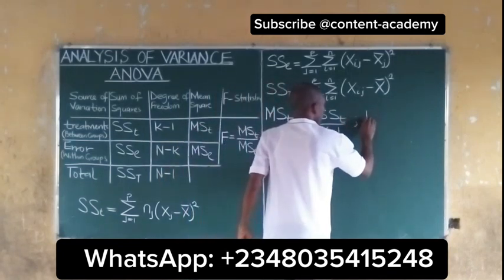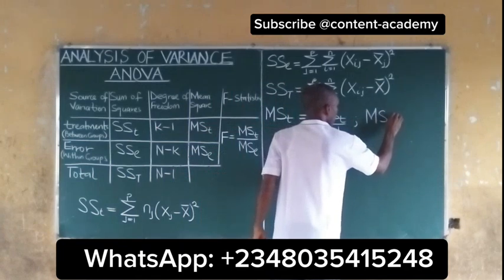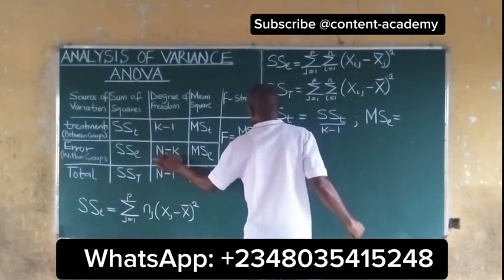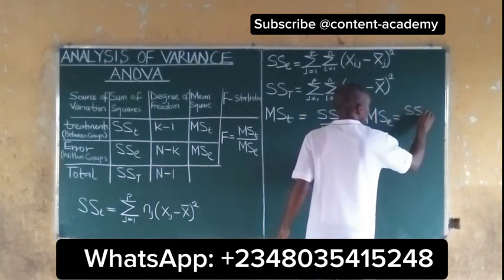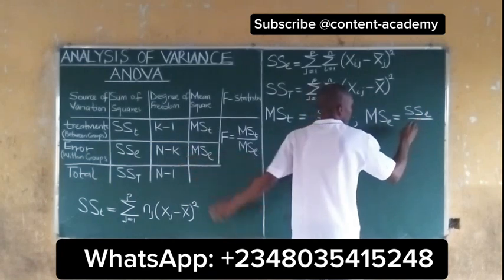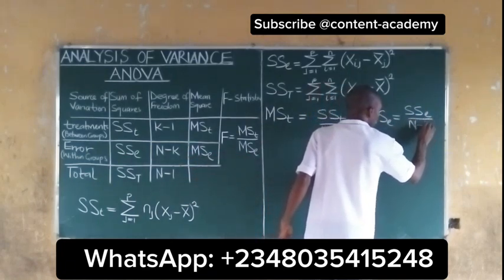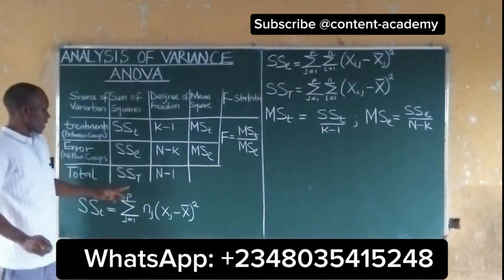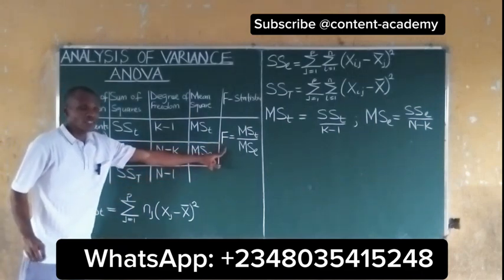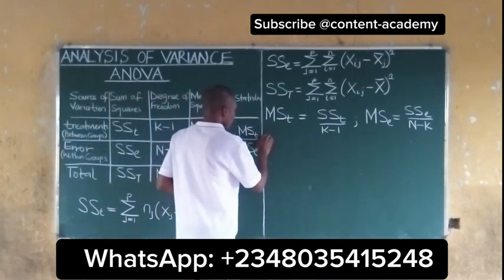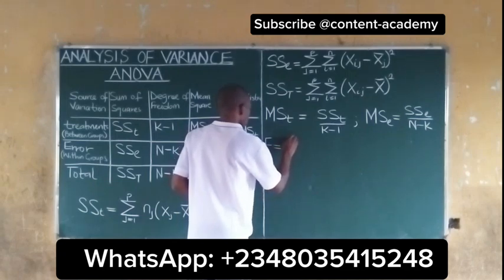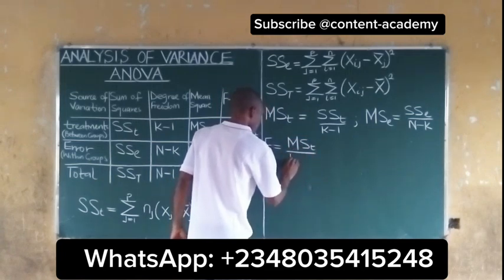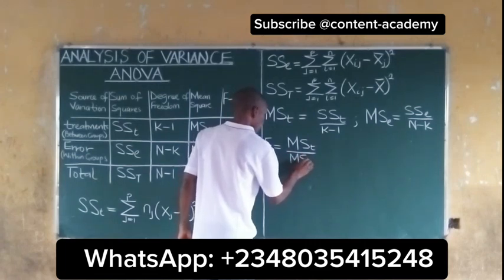The mean square error is equal to the sum of square error divided by the degree of freedom, n minus k. So that is it. Now, how about the F statistic? Of course, we've written it. The F statistic is equal to the mean square treatment over the mean square error.